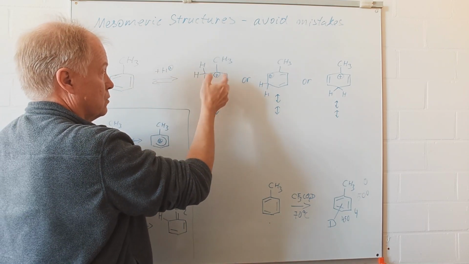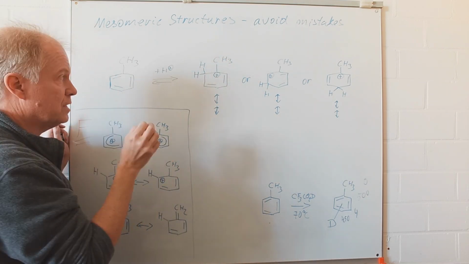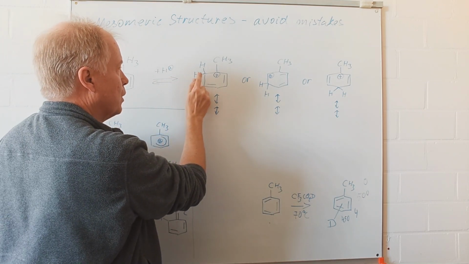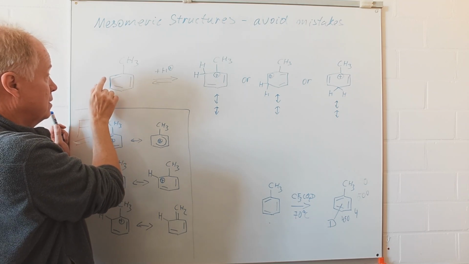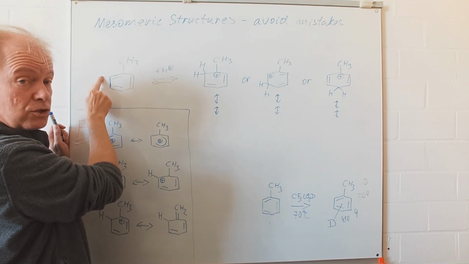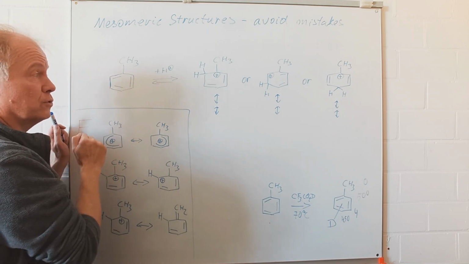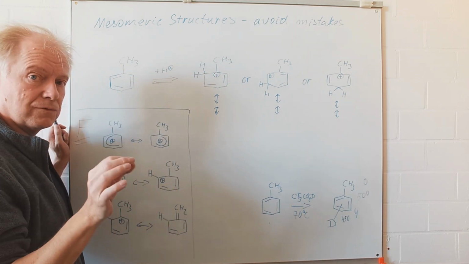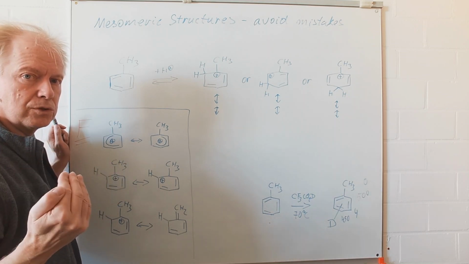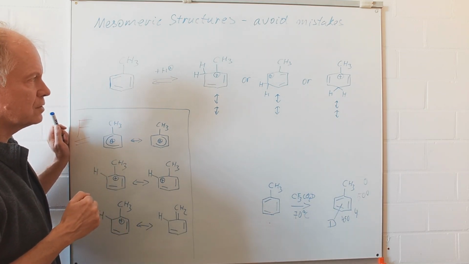When you are drawing that, please add both hydrogens that are sitting here. Here one hydrogen was sitting, and by protonation there is then a second hydrogen. As we will see, this is important to avoid mistakes.